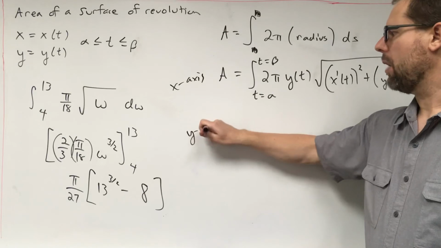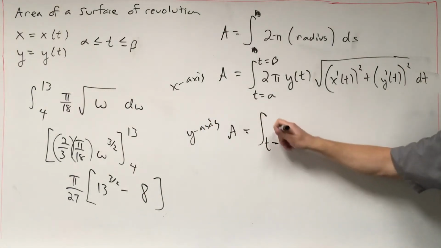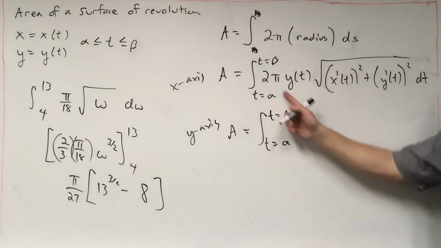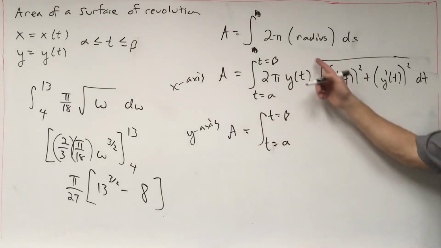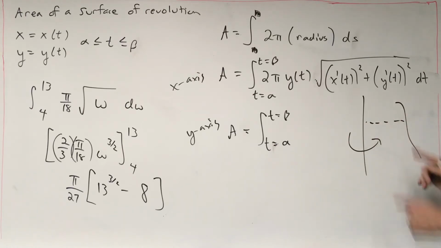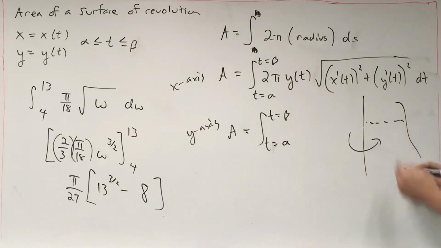If you're going about the y-axis, however, then your height, your radius is no longer the y value. If you're going to rotate this way, you're going to be looking for the distance between your curve and the axis of rotation. That's going to be a horizontal distance, and that's going to be given by the x-coordinate of your point.